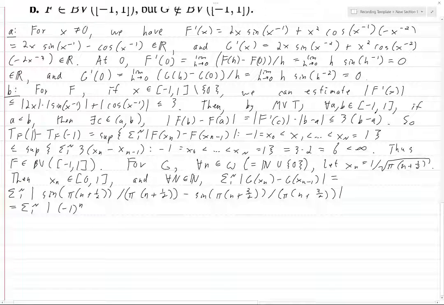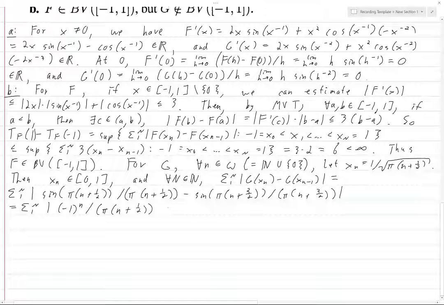So it'll be positive whenever n is even and negative whenever n is odd. And so it's going to be negative 1 to the n. And the denominators are going to stay the same: it's still going to be pi times n plus a half.